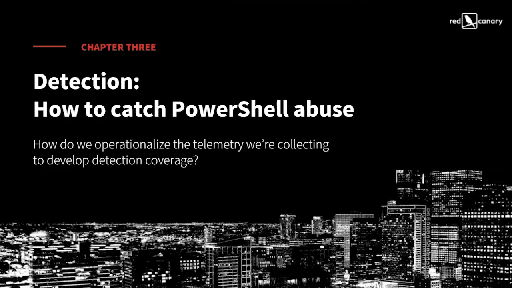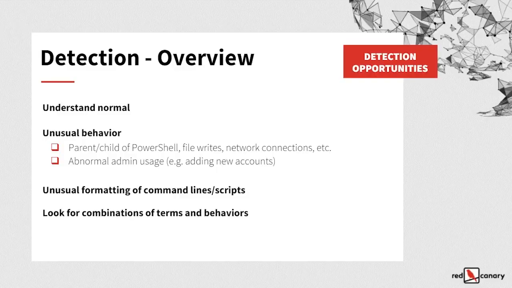The first thing that's most important, and it's kind of been touched on, is understanding normal. That's understanding what's normal for PowerShell, like what child processes it usually spawns, what normal parent processes it could have depending on how it's executed, and also understanding how admins use it in your environment, because admin usage varies from place to place.